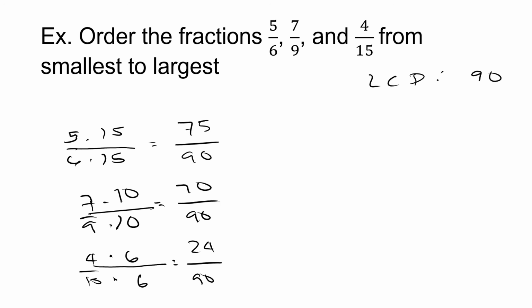Now arrange that from smallest to greatest. 4 over 15 is your smallest because it's 24. Next is 7 over 9 and 5 over 6. So that's your final answer.